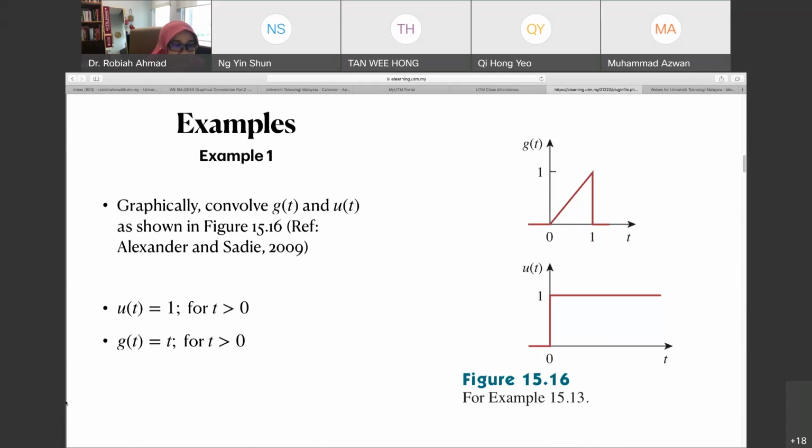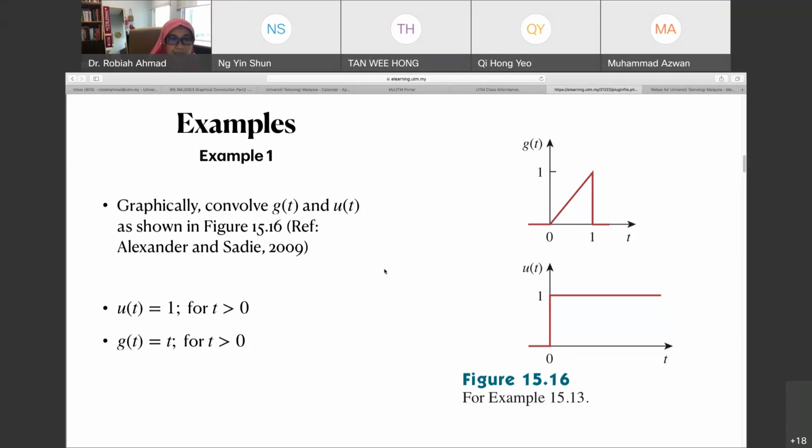Therefore our g(t) is t for t more than 0. And then another signal, which is u(t), is the step input, u(t) equal to 1 for t more than 0. So this is actually g(t) equal to t for 0 to 1 only.